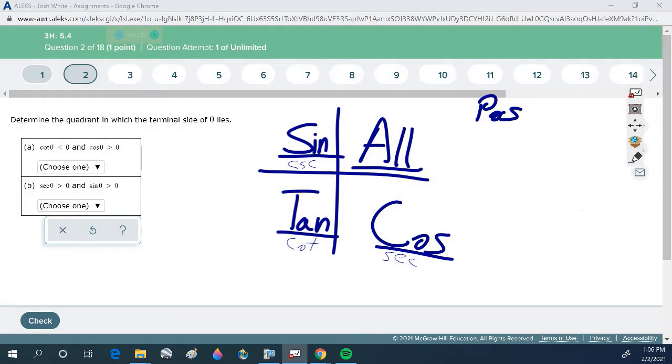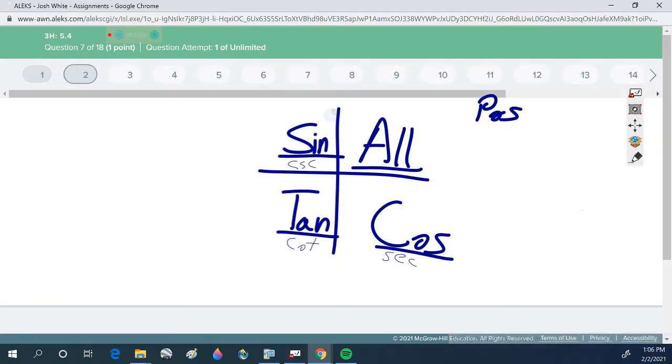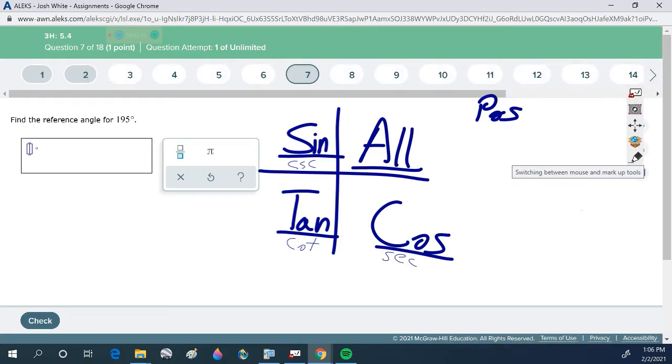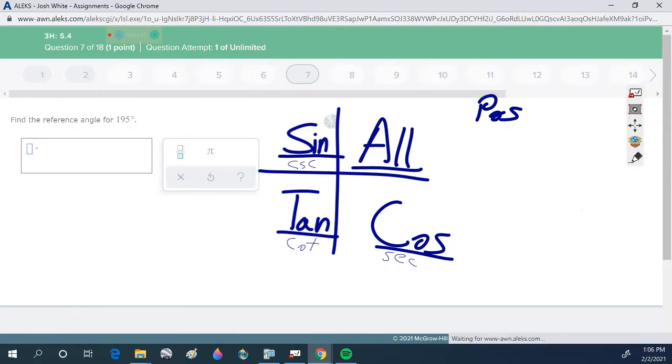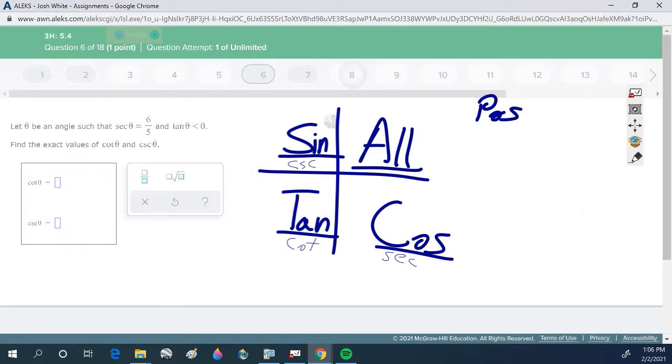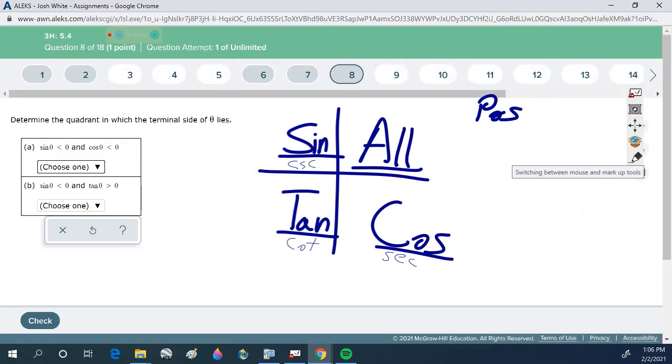Okay, let's look at another one of those. Must be number 8. Okay. Sine is negative and cosine is negative.